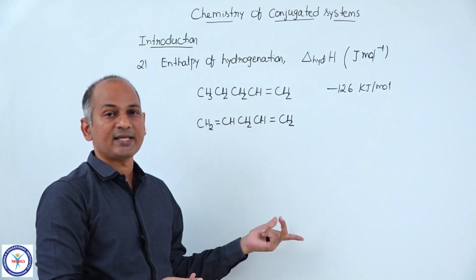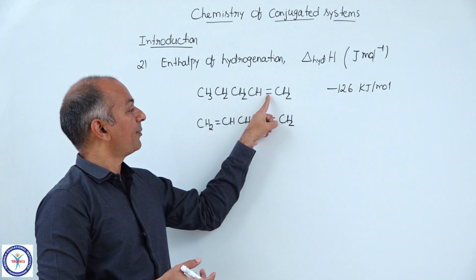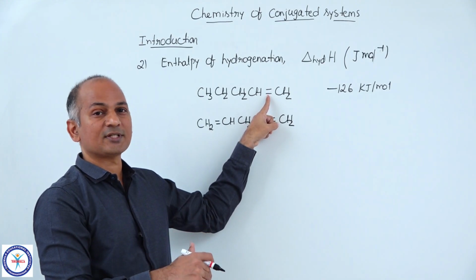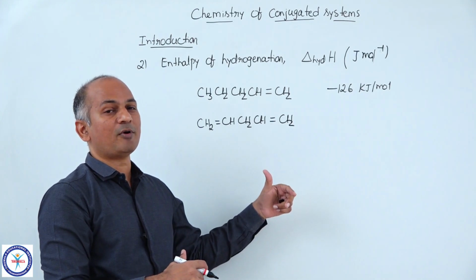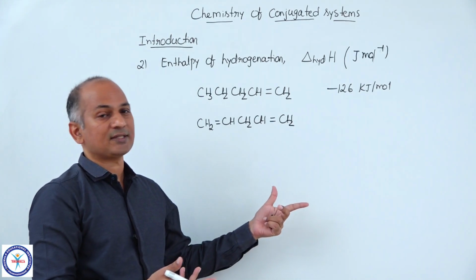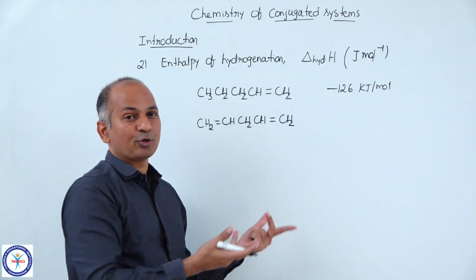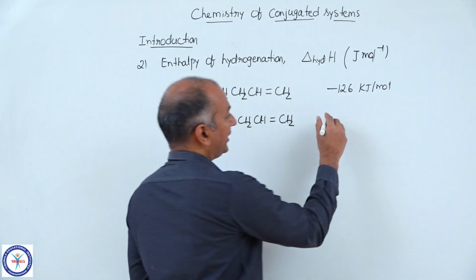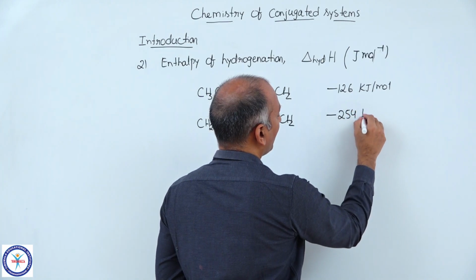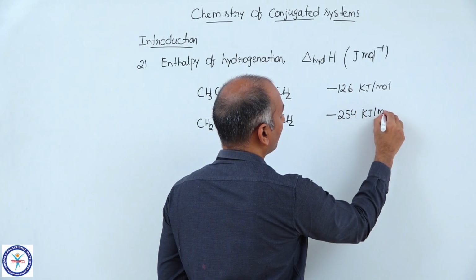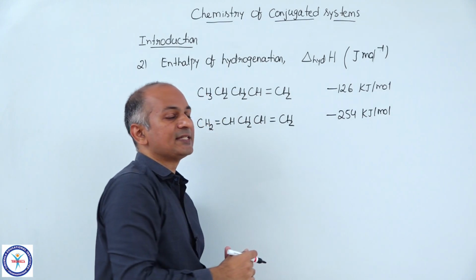It is roughly twice, because in 1-pentene you break 1 pi bond and 2 sigma bonds are formed, and here you break 2 pi bonds and 4 sigma bonds are formed. So everything is twice. The energy released is logically expected to be twice, and its value is approximately 254 kilojoules per mole.